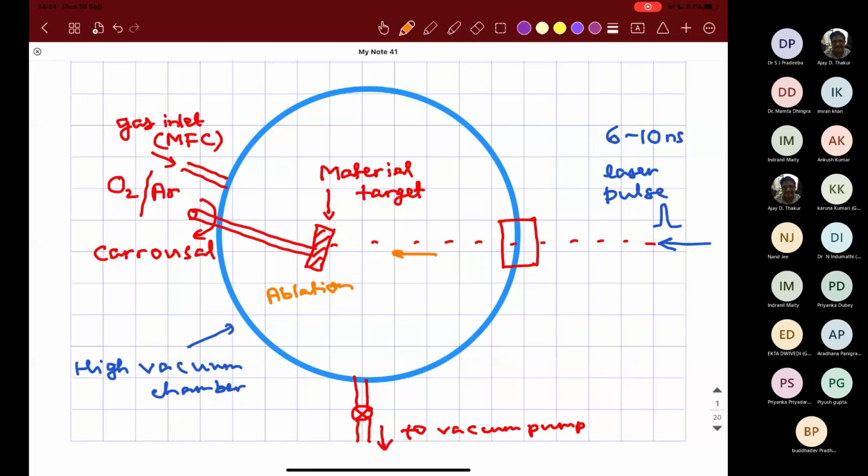Maybe instead of the top layer, we have about 10 unit cells or 20 unit cells. So the laser pulse is going to penetrate up to a particular depth in the material and then ablate out all the stuff.